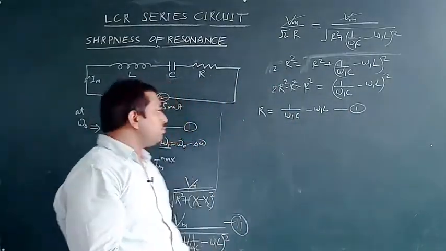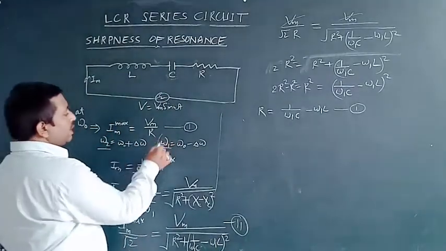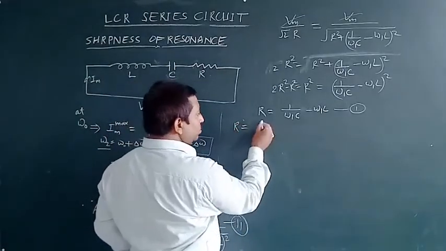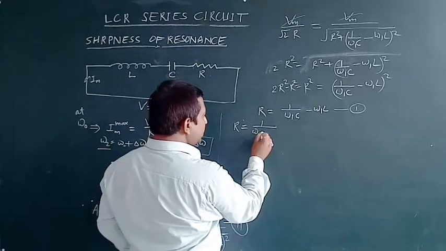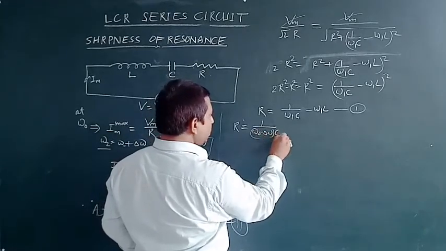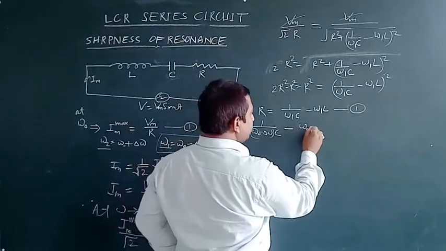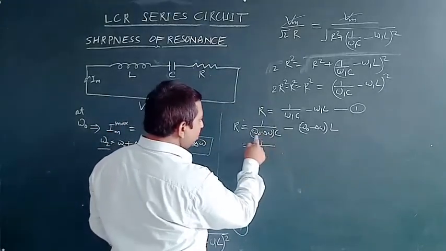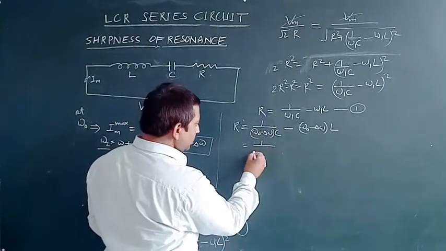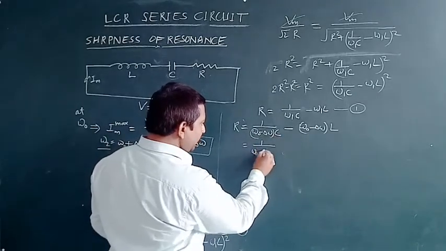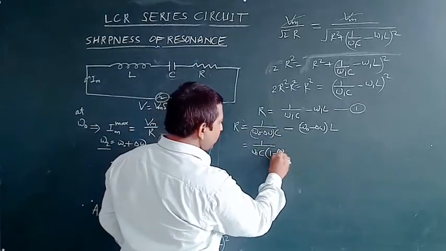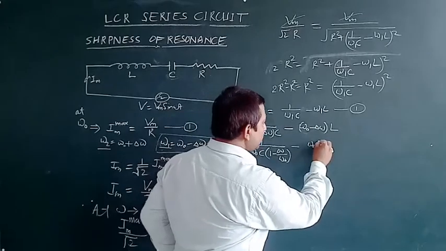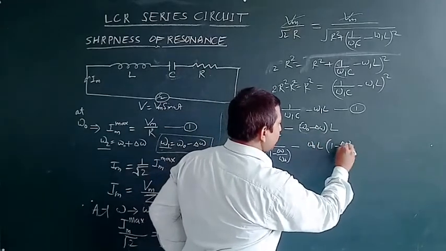Now if we put the value of omega 1, as we know that the value of omega 1 is omega naught minus delta omega, so from here we get R is equal to 1 upon (omega naught minus delta omega) into C, minus (omega naught minus delta omega) L. So if we take omega naught common from these two terms, then omega naught into C, from here we get 1 minus delta omega by omega naught, minus here also taking omega naught common, then we get 1 minus delta omega by omega naught.